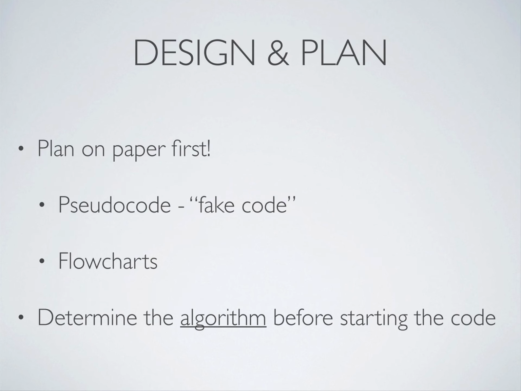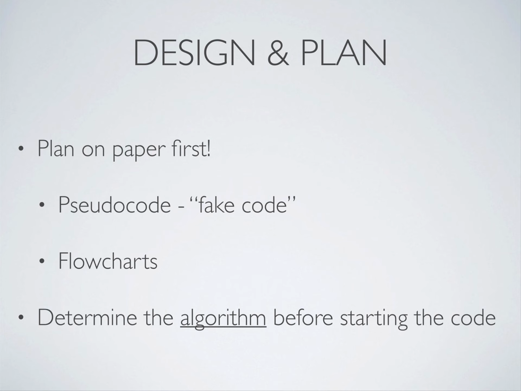Best way to do it is to plan on paper first. Before you start writing code, just plan some stuff out on paper first. You'll develop your own way that makes sense for you. 2 common methods for doing this are writing pseudocode and designing flowcharts. Pseudocode is an in-between of writing bullet points, an outline in English, and writing the actual code.